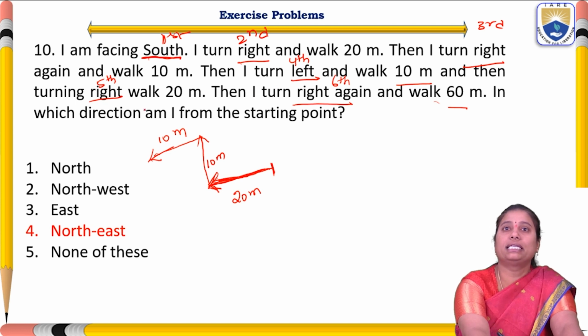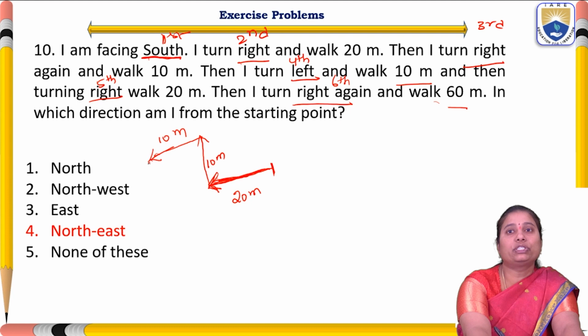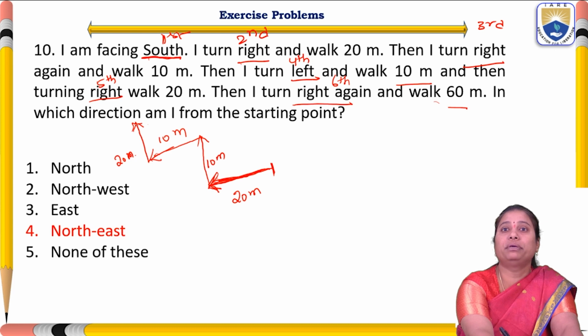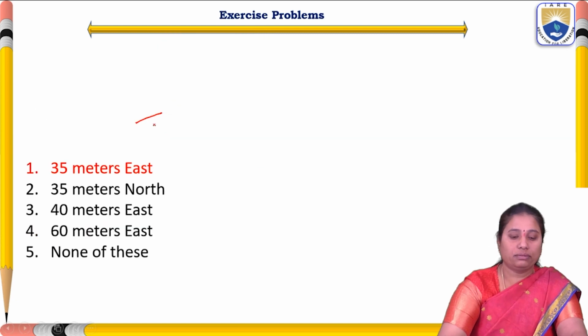Fourth one is done. And then turning to the right. So from the west direction, right means he goes to the north, and walks 20 meters. Then I turn right again.